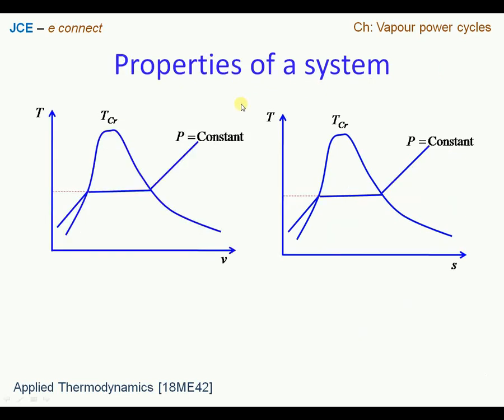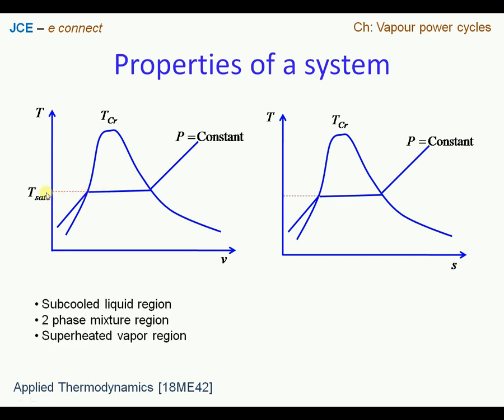Now let us move further. Now let us look at the various properties of the working fluid on a TV plot and TS plot. So here we have a TV plot, and when we extend the line along the saturation point, we get the saturation temperature.